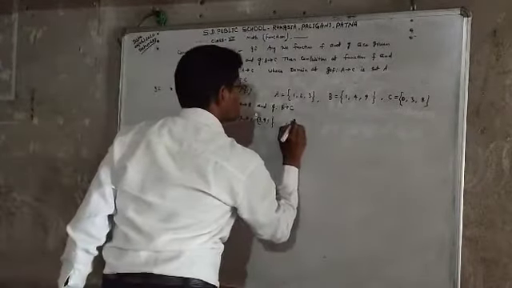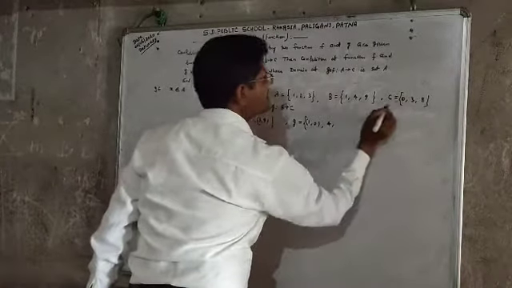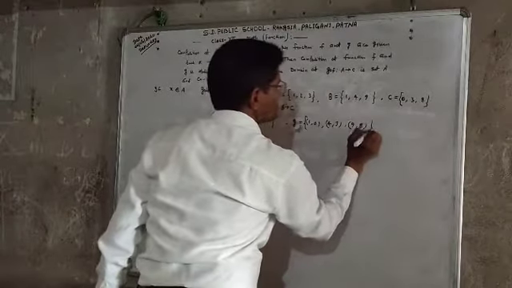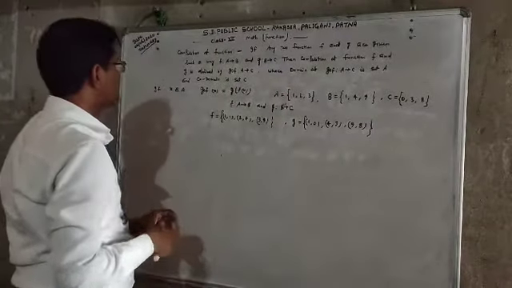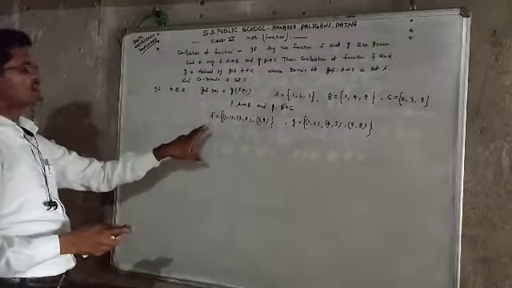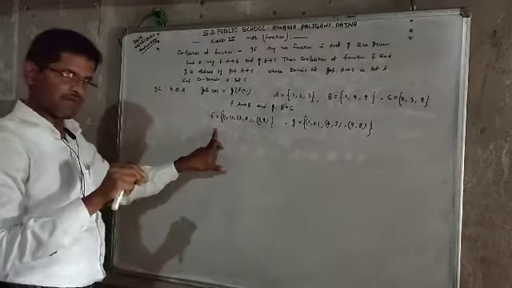And function g is given as: 1 is related with 0, 4 is related with 3, and 9 is related with 8. Here two functions are given, f and g. Now we have to find the composition of f and g, that means we have to find g of f.